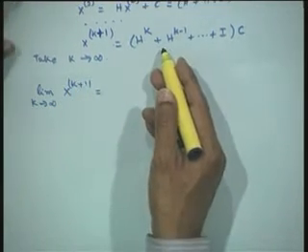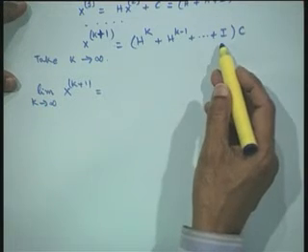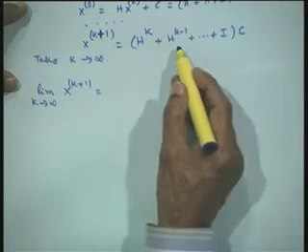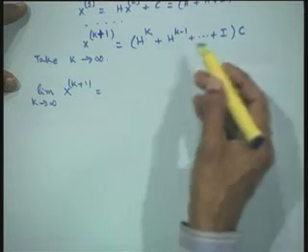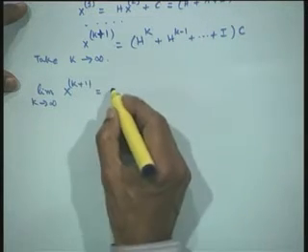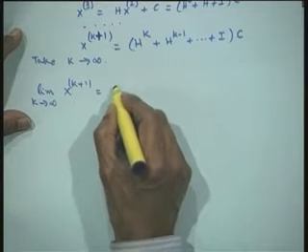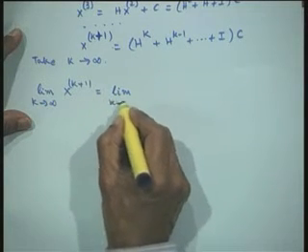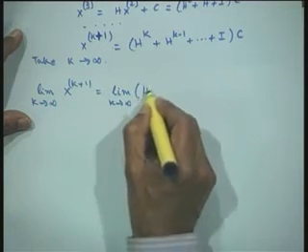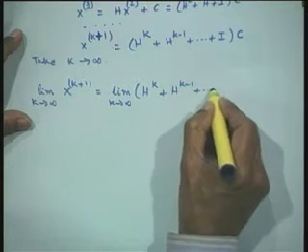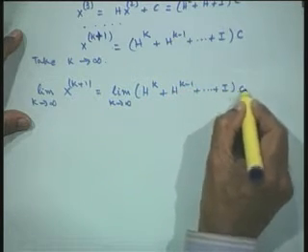Now, this result we have just now proved, that this converges if norm of h is less than 1 or spectral radius is strictly less than 1. Therefore, this is equal to limit k tending to infinity h to the power of k minus 1 of c.